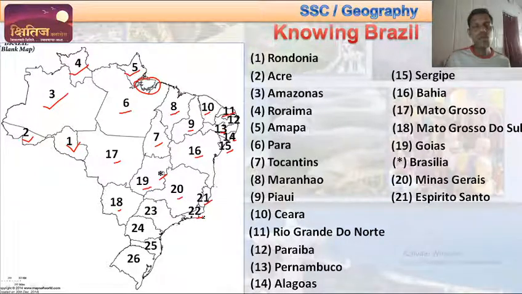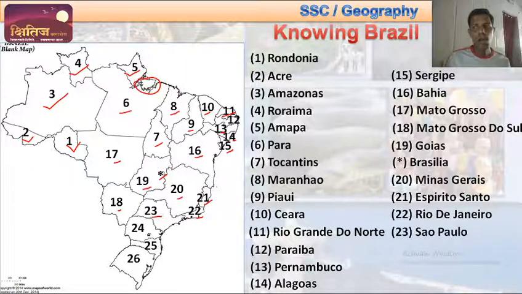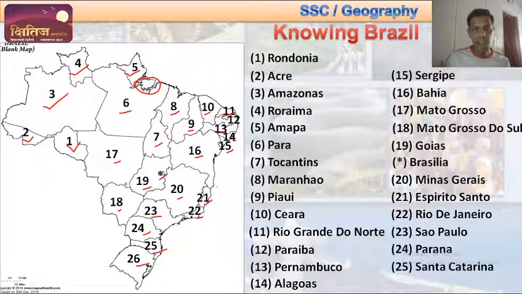Number 22 is Rio de Janeiro. Number 23 is Sao Paulo. Number 24 is Paraná. Number 25 is Santa Catarina. And number 26, the last one, is Rio Grande do Sul. So I hope we are clear, and by doing this we will be able to remember the names of all the 26 states of Brazil.